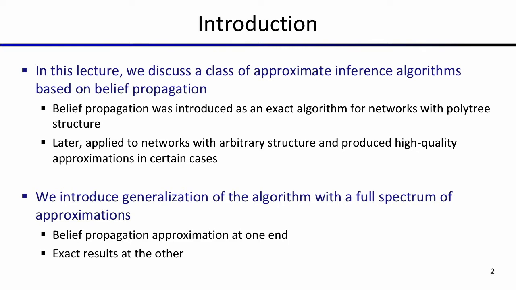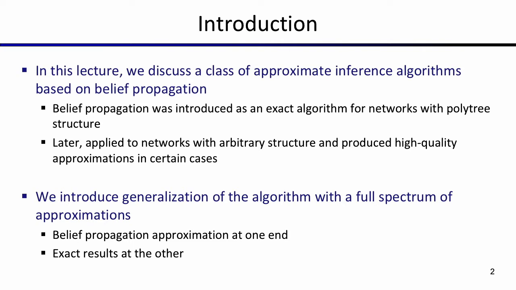And this has sparked a new area of research in Bayesian networks, in which researchers started looking for the meaning of belief propagation in loopy networks, as well as when those algorithms could provide good approximated results.